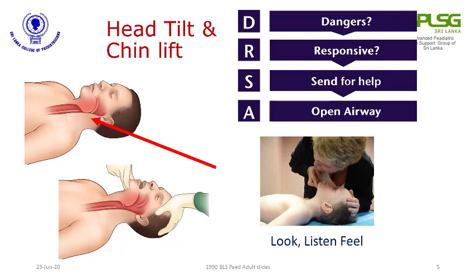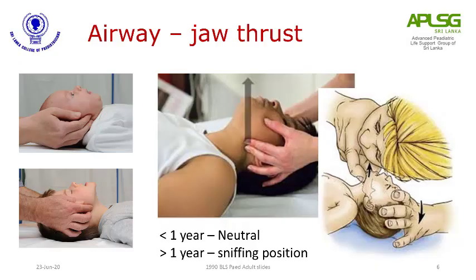Having opened the airway with head tilt and chin lift, keep your head and face over the patient's face to listen and feel for the breath and to watch for the rise and fall of the chest wall movements. If the airway is not open with head tilt and chin lift, you may try jaw thrust. Keep your middle finger under the angle of the jaw and raise the jaw 90 degrees up.